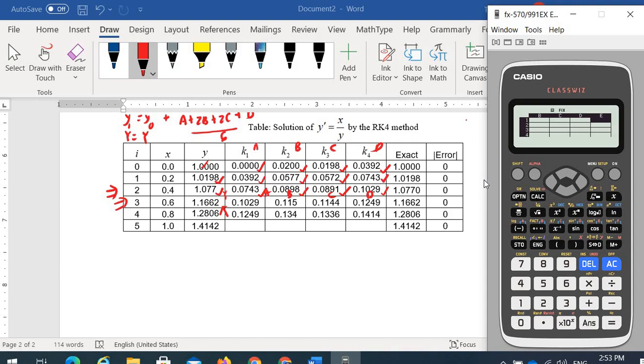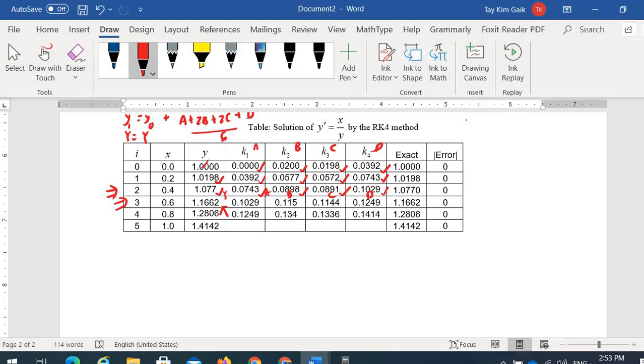That's why we couldn't perform the RK4 in the spreadsheet in this model of calculator. But we can perform Euler, Heun's method, and other methods, which have 5 columns. But RK4 needs 6 columns, so we couldn't use it. So this I'm going to conclude.